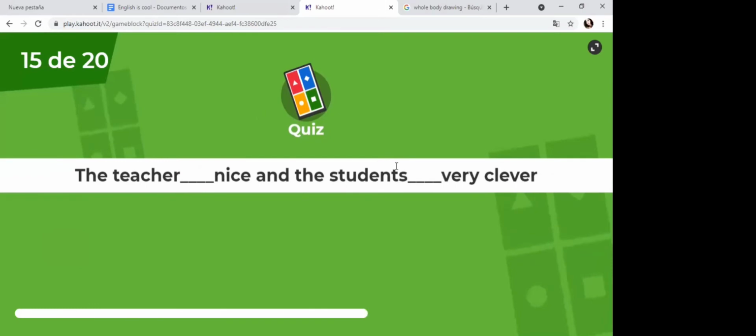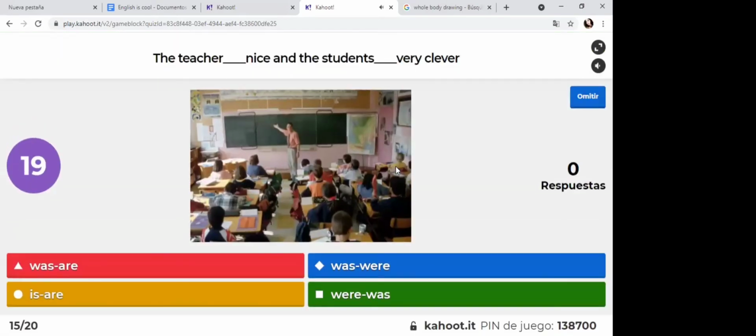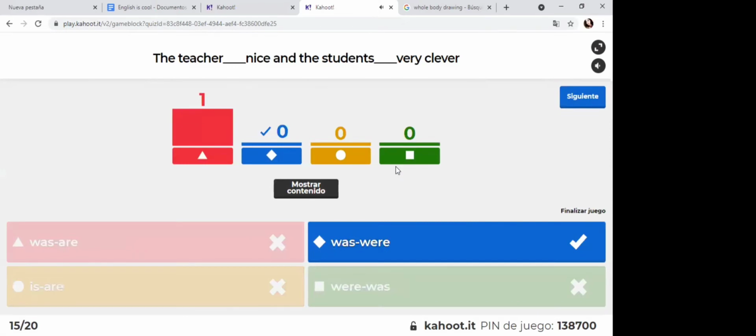Number 15. Okay, the teacher was nice and the students were very clever. Was and were. Teacher, the teacher, how many persons do we have in here?